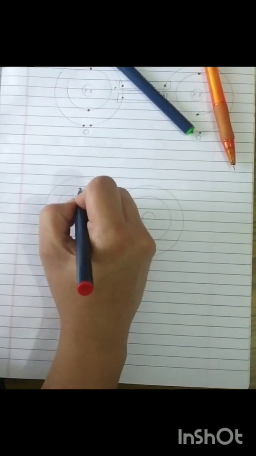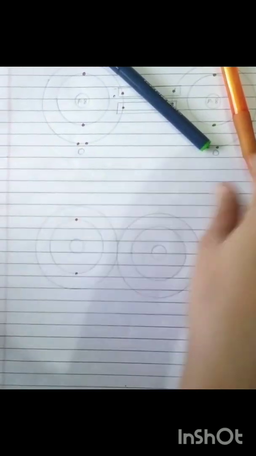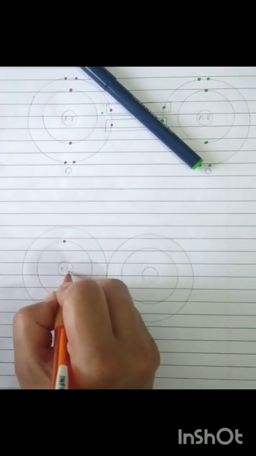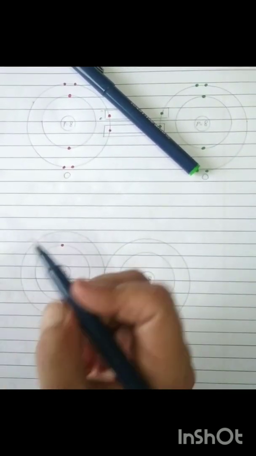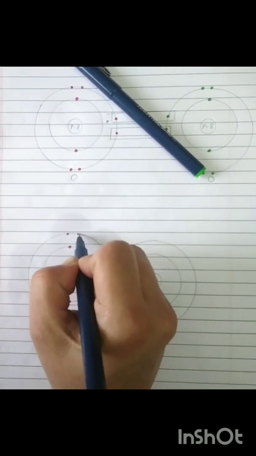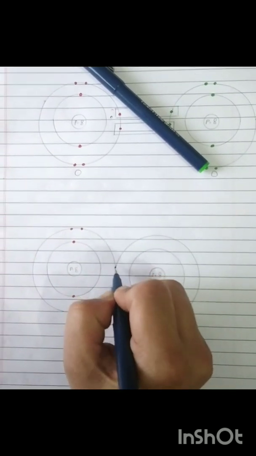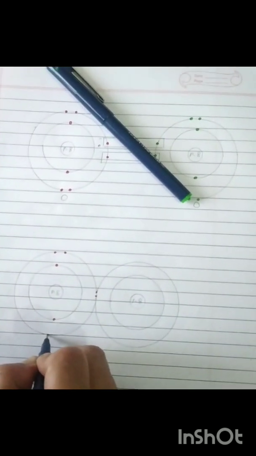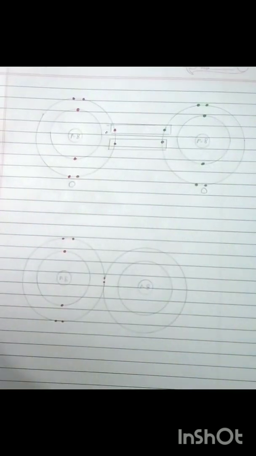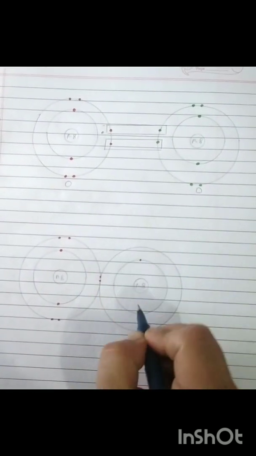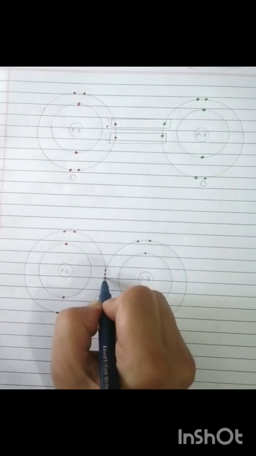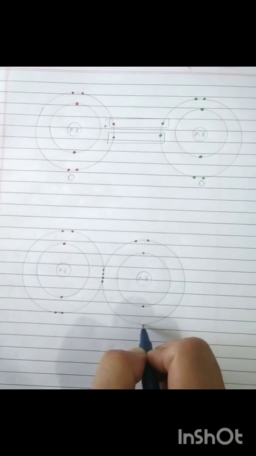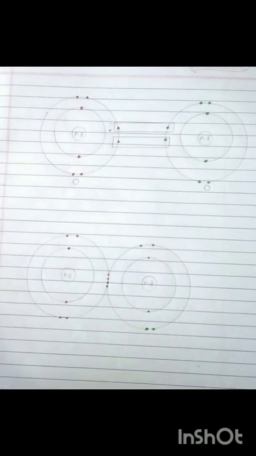First let's write the protons. 8 protons. First orbit 2, second orbit 6. From this atom to the other, they are sharing 2 electrons each.